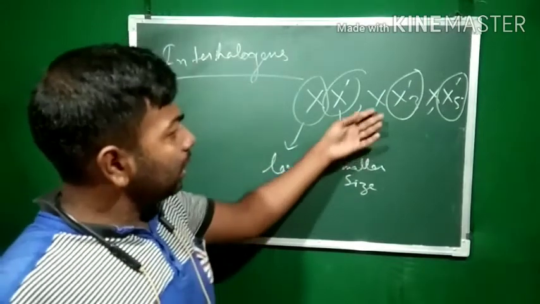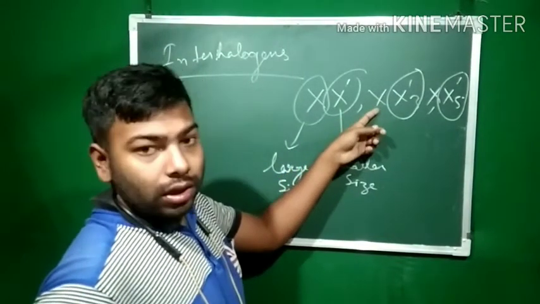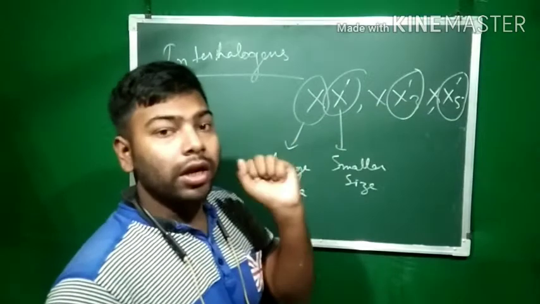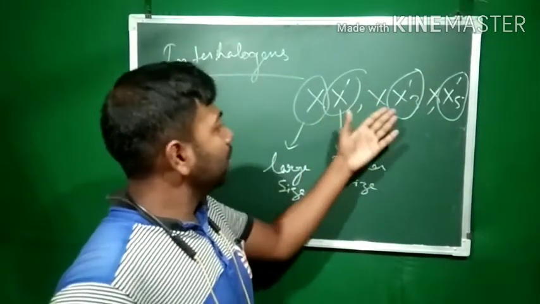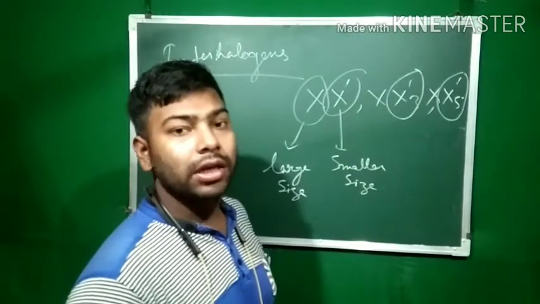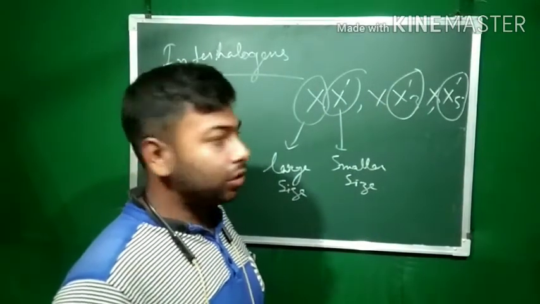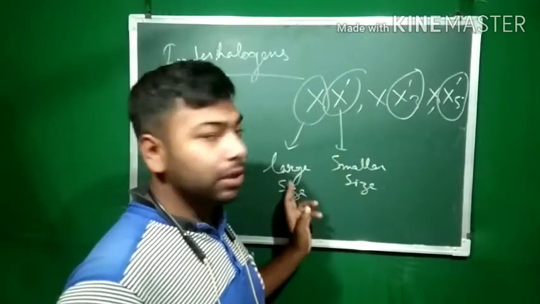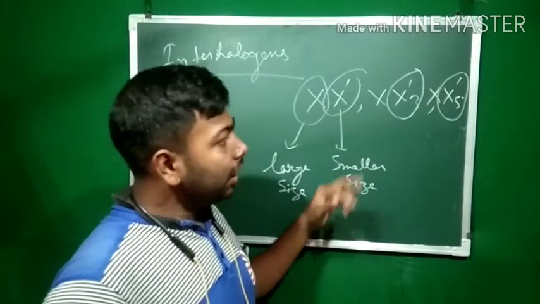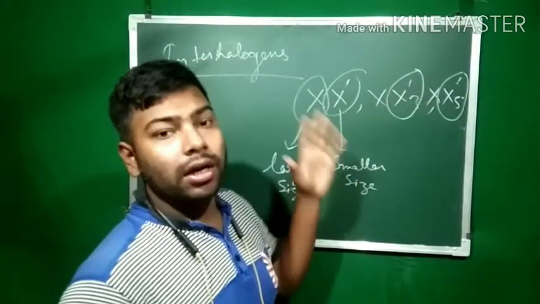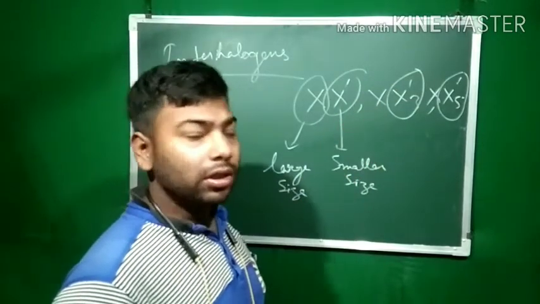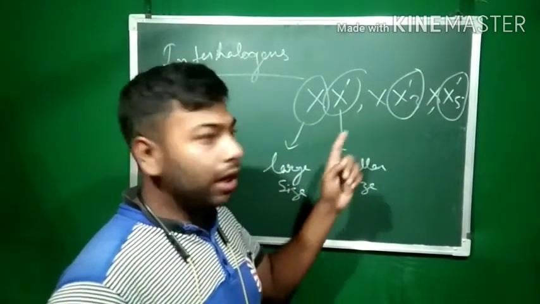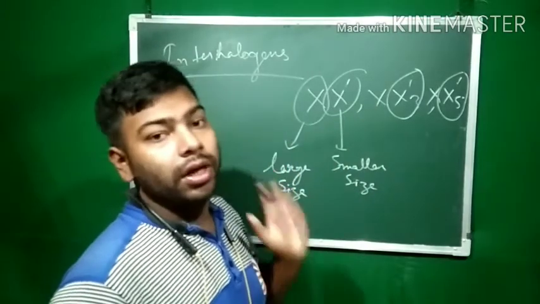If this X becomes small, how can it accommodate 3 or 5 other halogen atoms? That's why this X should be bigger. And if the X' are bigger, how would they attach to this halogen atom? That's why X' should be smaller.